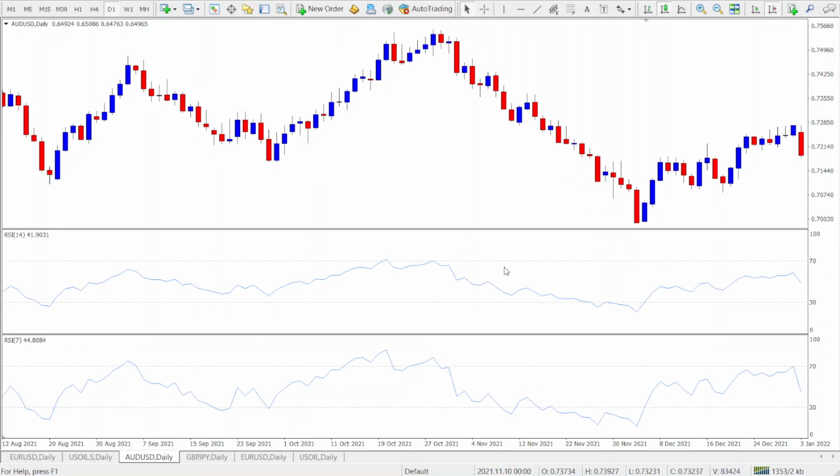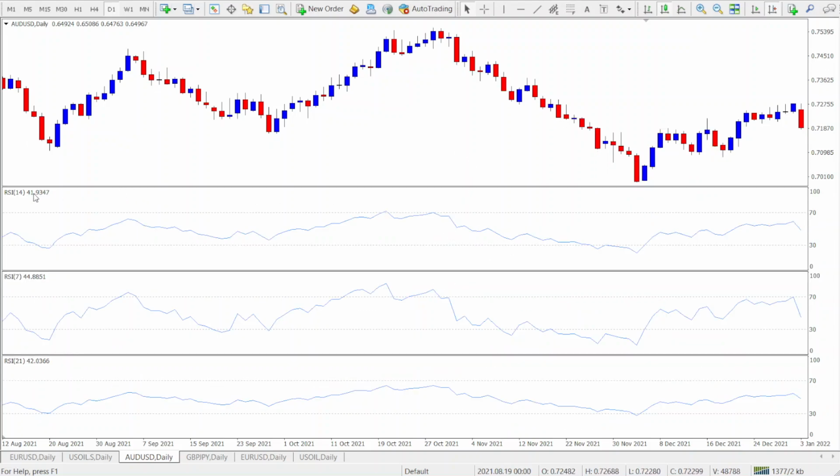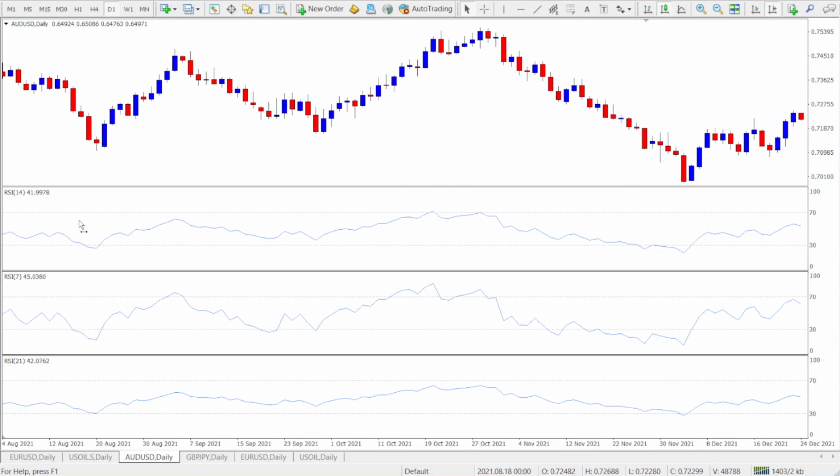So this is the RSI value 7. And I'm still going to add RSI value 21. So we have our RSI 14, our RSI 7, and our RSI 21.